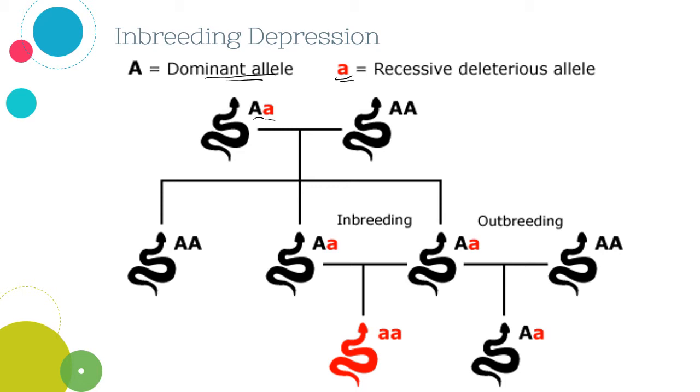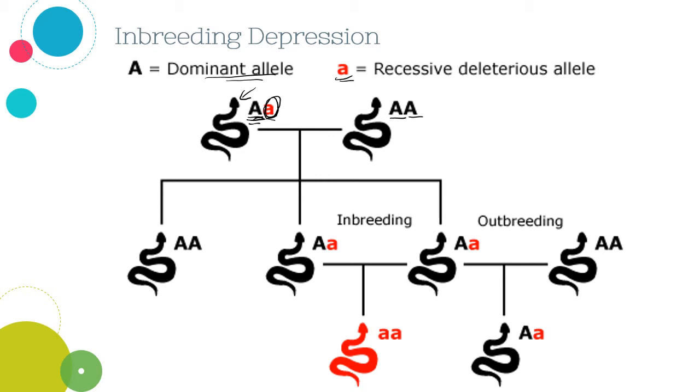So if you have both copies, one functional, one non-functional, this non-functional one doesn't show up in the physical appearance, the phenotype of this snake, because there is a functional copy doing the thing that needs to be done. It looks just the same as this other snake that has two functional copies, because all you need is one.